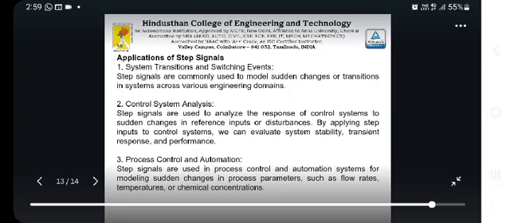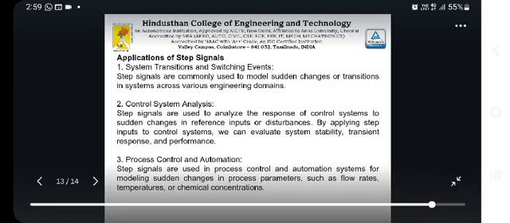Next one is applications of the step signal: system transition and switching events. Step signals are commonly used to model sudden changes or transitions in systems across various engineering domains. Next one is control system analysis. Step signals are used to analyze the response of control systems to sudden changes in reference input or disturbances.